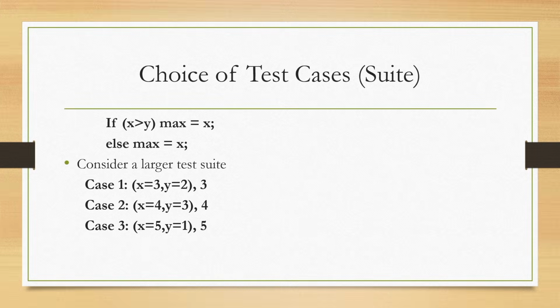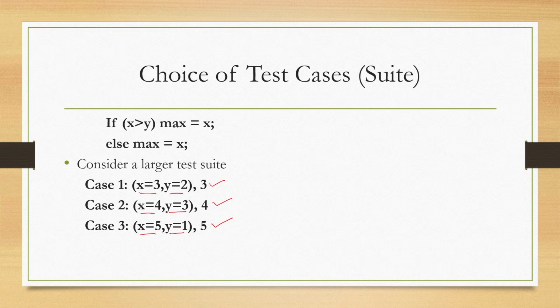Now, let us consider a larger suite consisting of 3 test cases like before: x equal to 3, y equal to 2, output is 3; x equal to 4, y equal to 3, output is 4; x equal to 5, y equal to 1, output is 5. With this, will it be possible to identify the error?